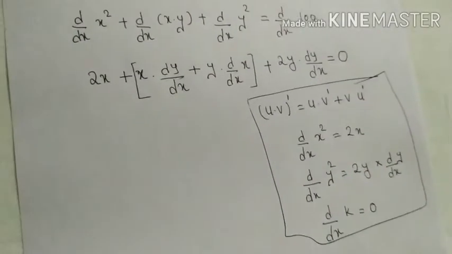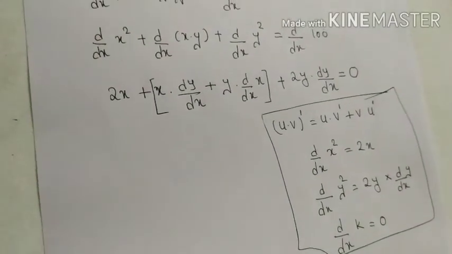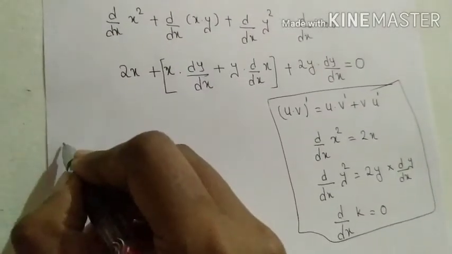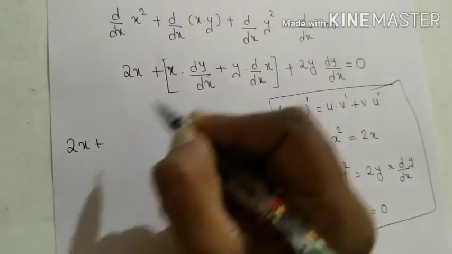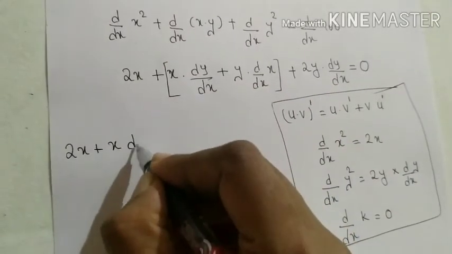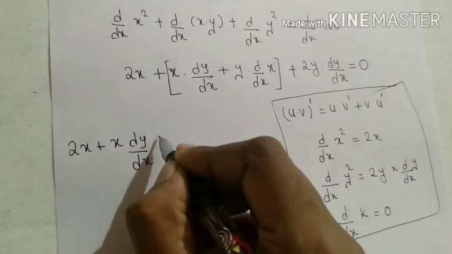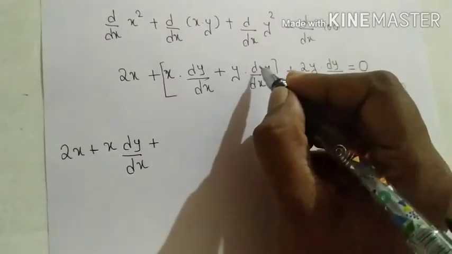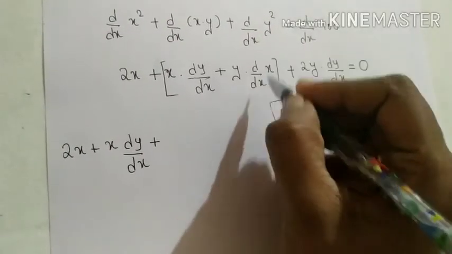Okay. Next I am going to rearrange this. We get 2x plus, the first one, this one will be x into dy by dx, plus we know that the derivative of x is 1.